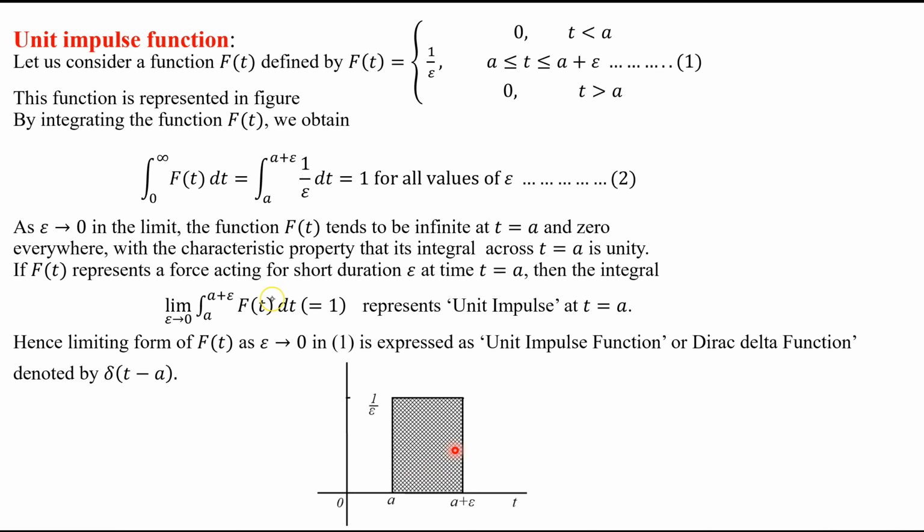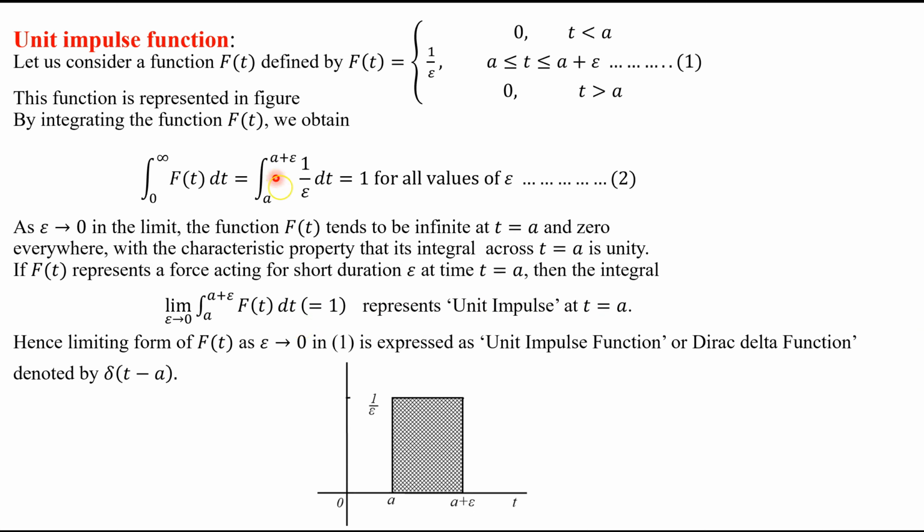Then f of t represents a force acting for a short duration epsilon at time t equal to a. The integral, limit epsilon tends to 0, of integral a to a plus epsilon f of t dt, represents unit impulse at t equal to a.